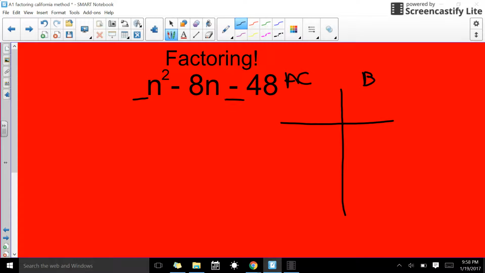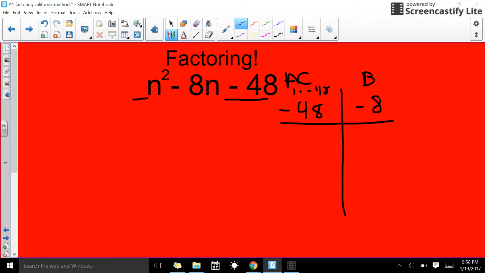So A times C is going to give us -48 because we did 1 times -48. And what we're going to do is find two numbers that multiply together to be -48, but add to be -8. Sorry, -48. All right.